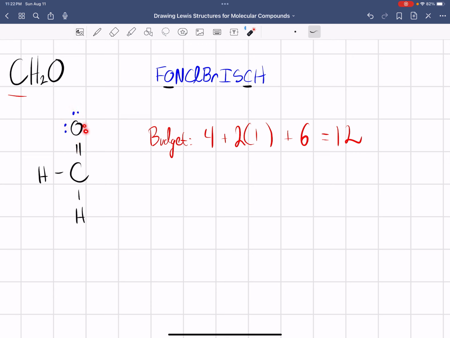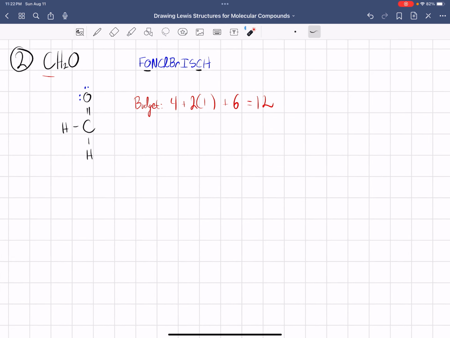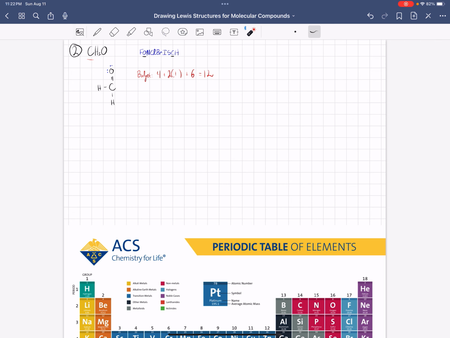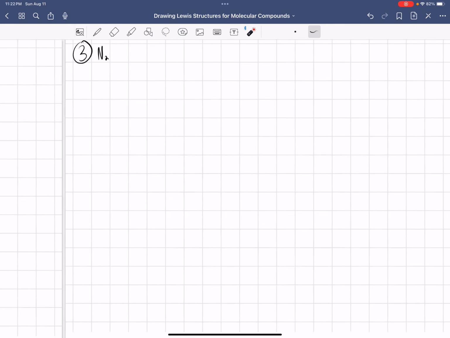But by removing 4 electrons and adding 2 electrons, I've cut down the total number. So now let's check our structure once more to see if we match the budget now. 2, 4, 6, 8, 10, 12. Perfect. So we match the budget and we're done. This is the correct Lewis structure for this compound CH2O. Moving on.